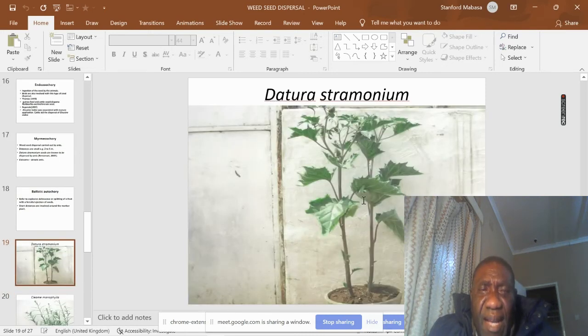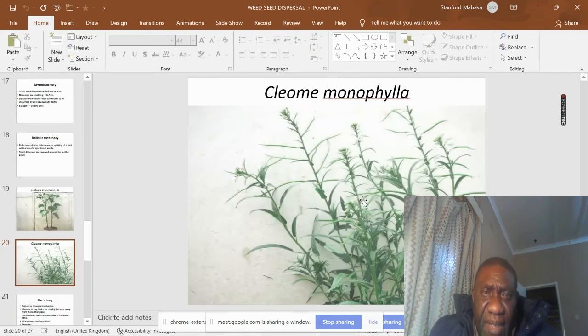We have again Datura stramonium. It is a fruit which can split and scatter seeds around it. Cleome monophylla also has a fruit which can split and scatter seeds around it.